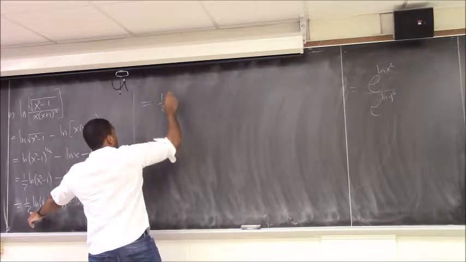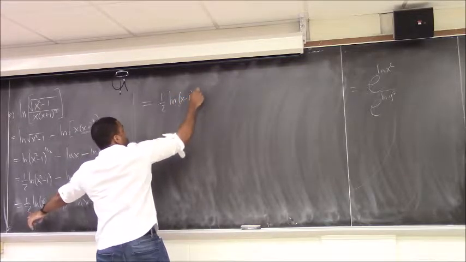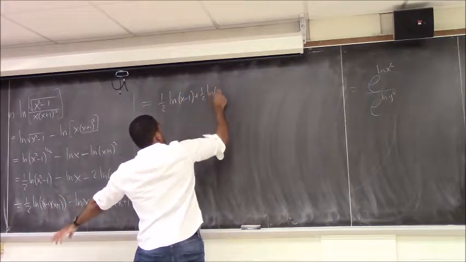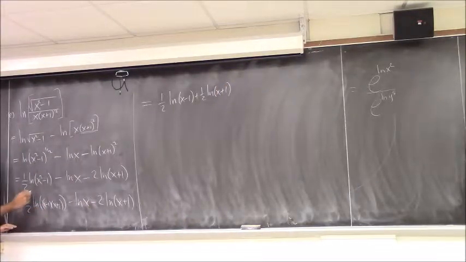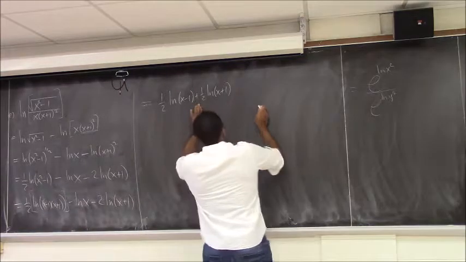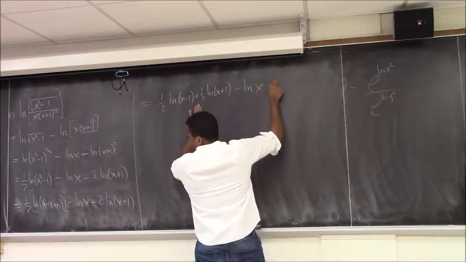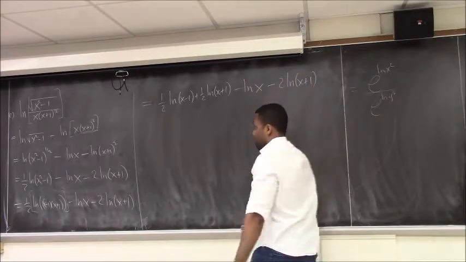So you have to remember your parentheses. It's going to be a half ln of x minus 1 plus a half ln of x plus 1. Because this is happening in parentheses here, when you split this up, the half has to apply to both the logs separately. And so we'll end up with this. Minus ln x minus 2 ln of x plus 1.